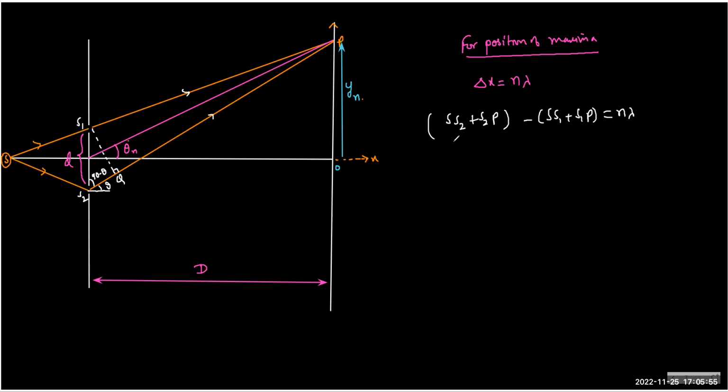Now luckily SS2 and SS1 are symmetrical, so this gets cancelled out. So what we are left with is S2P minus S1P. Now S2P minus S1P is basically S2Q. You can write it like this. And the value of S2Q you can look from the triangle.